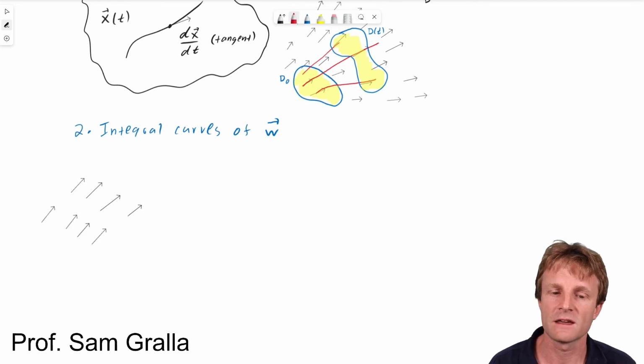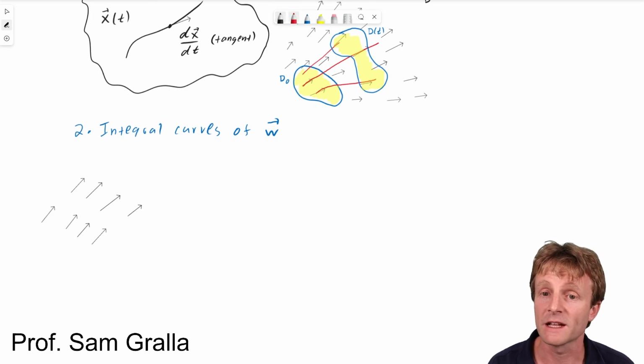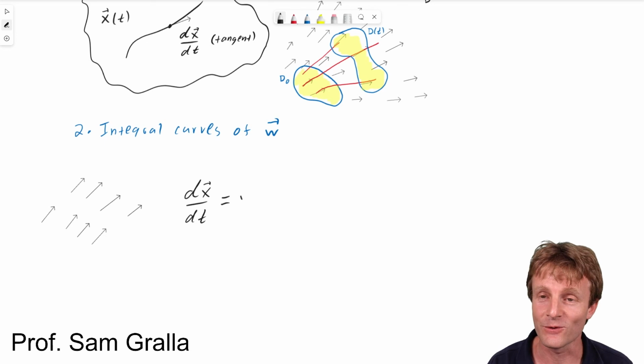What if we want to make this red line here? We want to make a mathematical formula for the idea that we draw this red line that is everywhere tangent to an arrow. Okay? Well, we just went over what the tangent vector is. It's dx/dt, right?